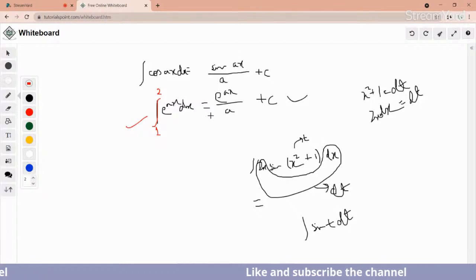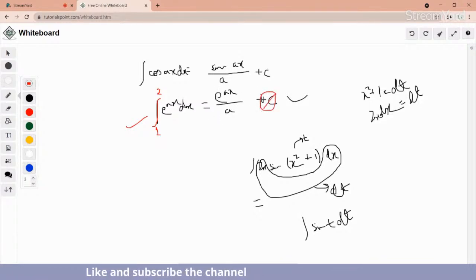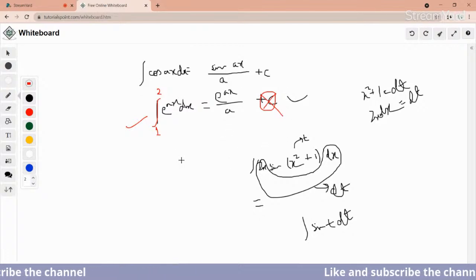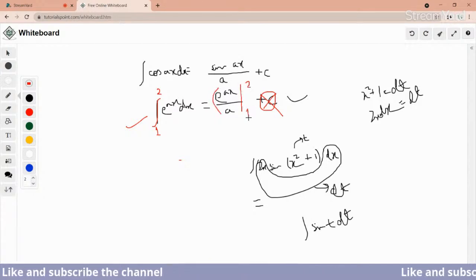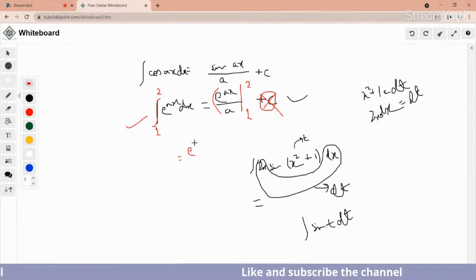So when this is given, plus c won't be written. Now this is not required. Now you have to just put the values. Upper limit 2, lower limit 1, and put them. So first will be e to the power 2x.